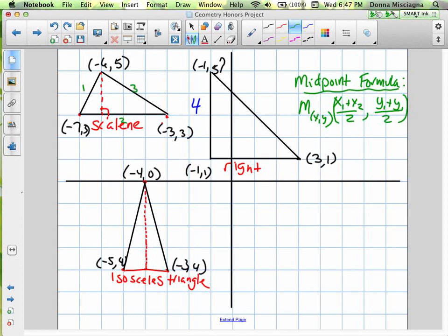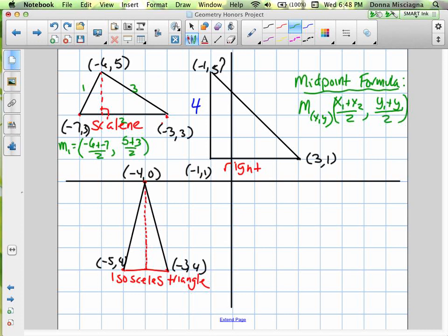All right, so I'll see if we can squeeze this in here. So number 1, the midpoint, I'll just call it M1. Midpoint 1. So that's going to be -6 plus -7 divided by 2, and 5 plus 3 divided by 2.